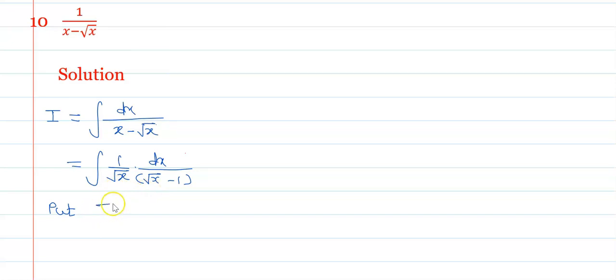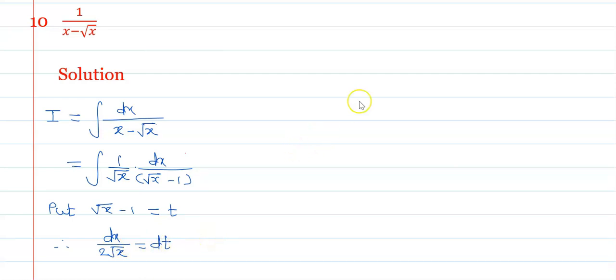Therefore put root x minus 1 equal to t, and take its derivative. What's the derivative of root x minus 1? Here 1 upon 2 times root x into dx is equal to dt. Means dx upon root x, whose derivative is 2 times root x, is equal to dt.